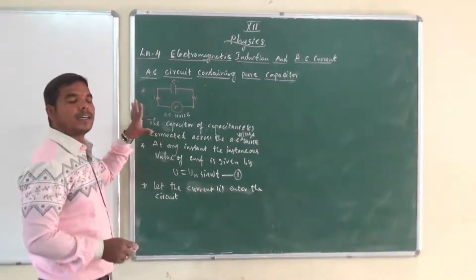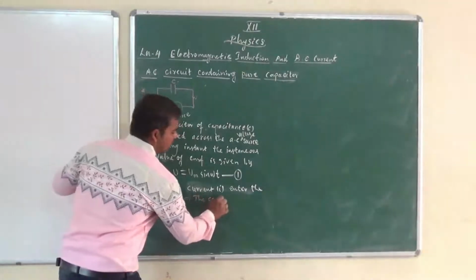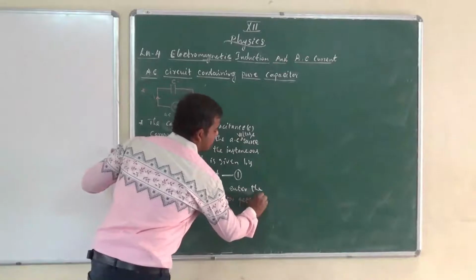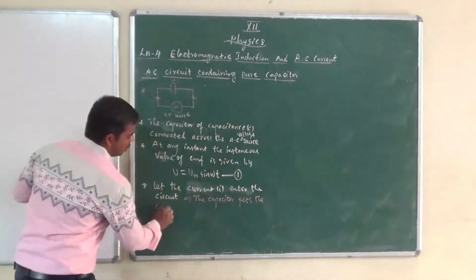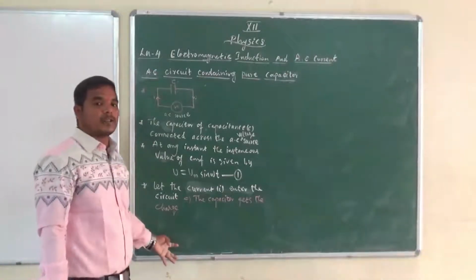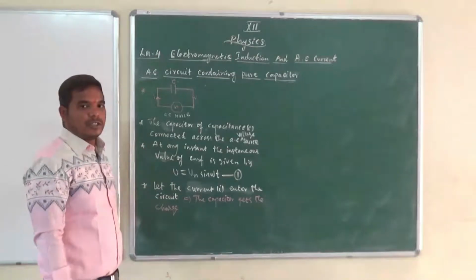What happened? The capacitor gets the charge. Am I correct? That is what we discussed in our first lesson, electrostatics. Current enters, and the capacitor gets charged.